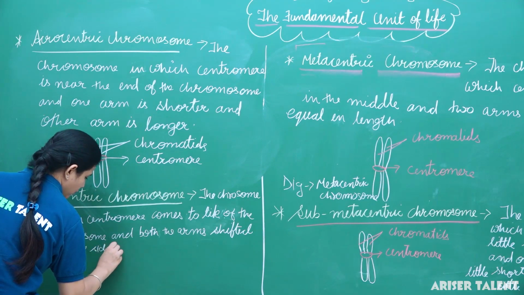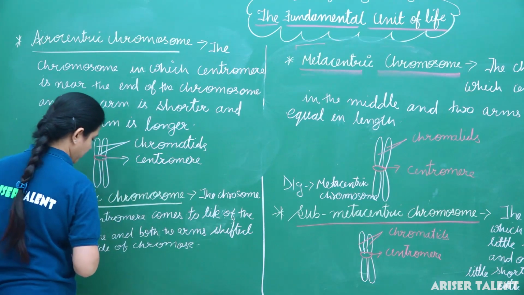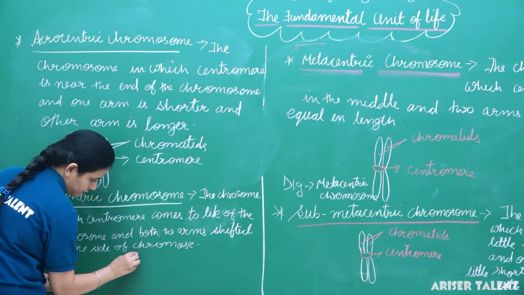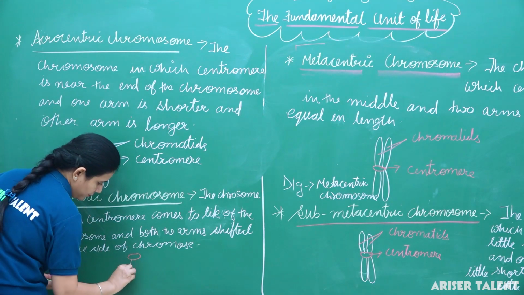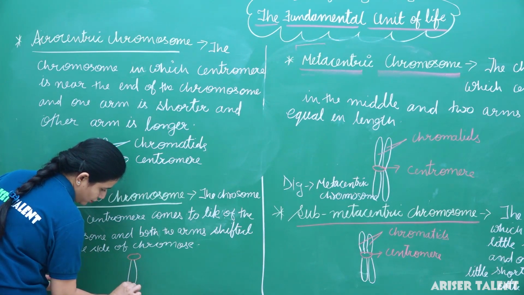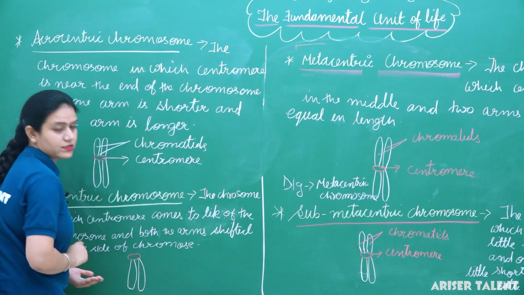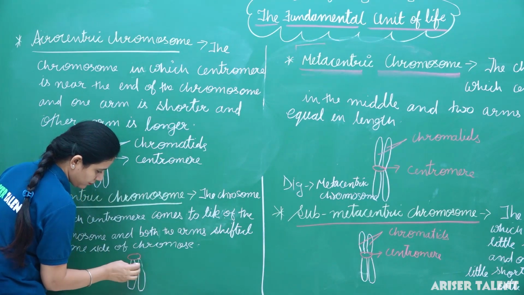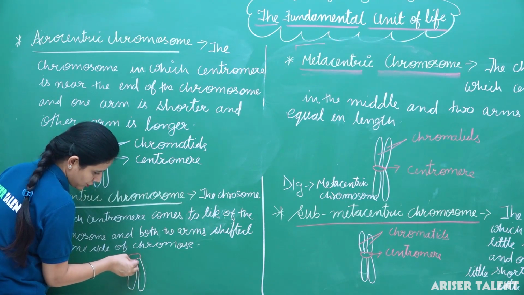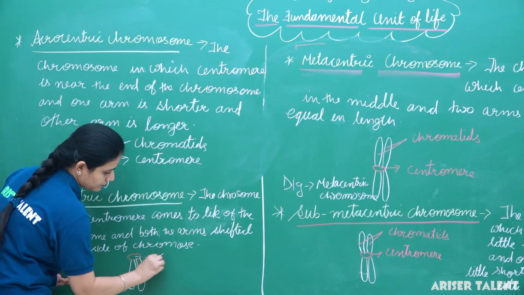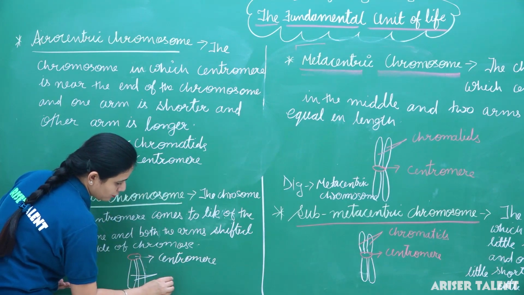One side of the chromosome. Okay, here we can see the centromere reaches to the top and both the chromatids are shifted to one side. Centromere, and these are chromatids.